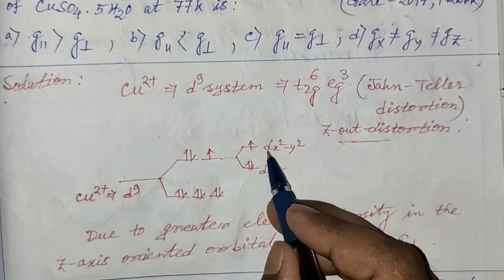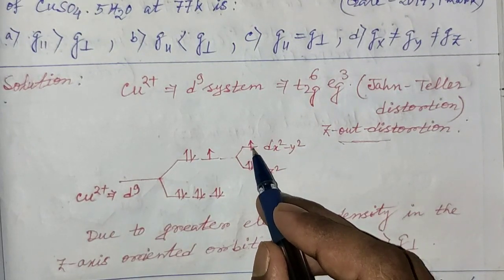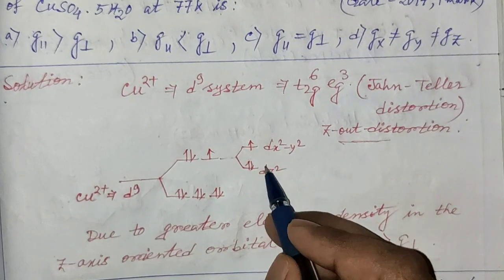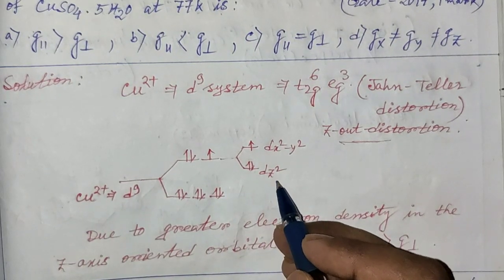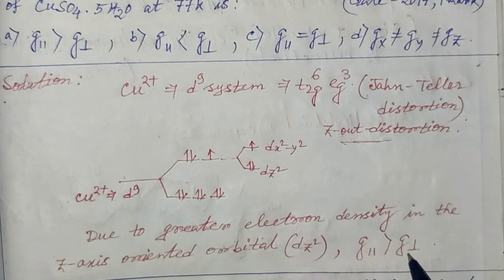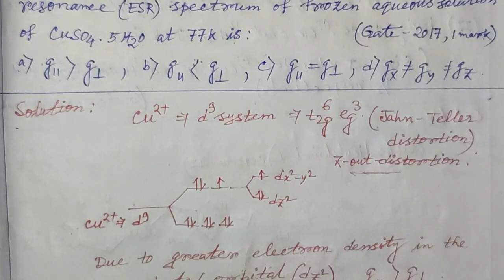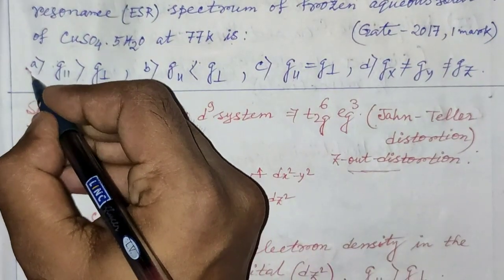Since dx square minus y square is less electron dense than the dz square orbital, g perpendicular will be less than g parallel. So option A is the correct answer.